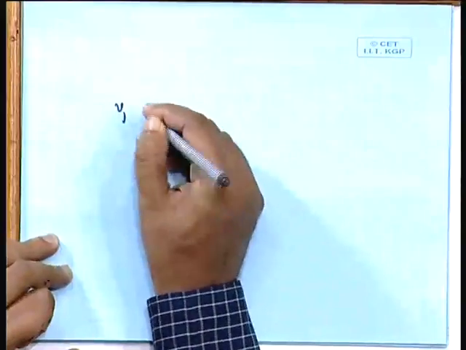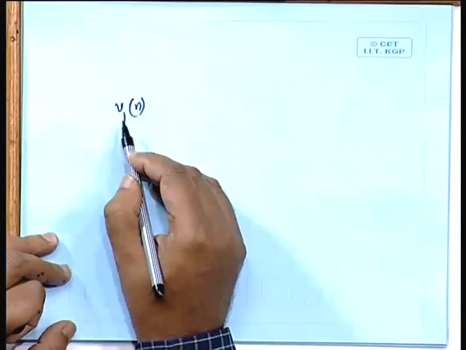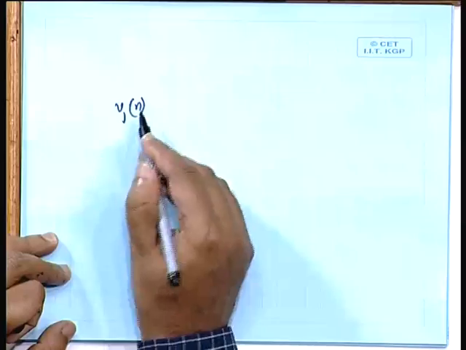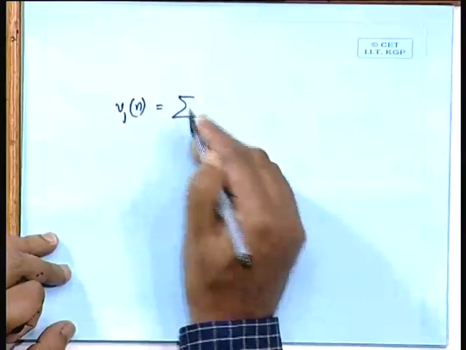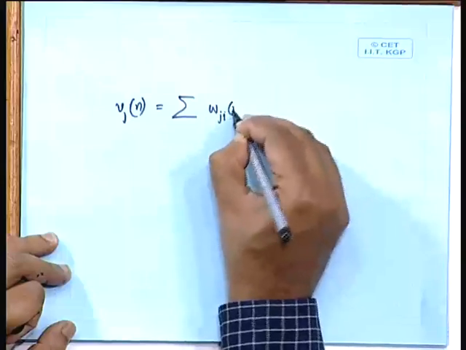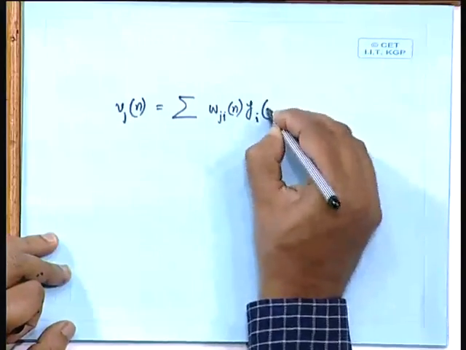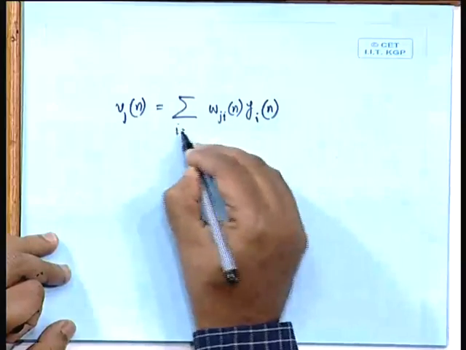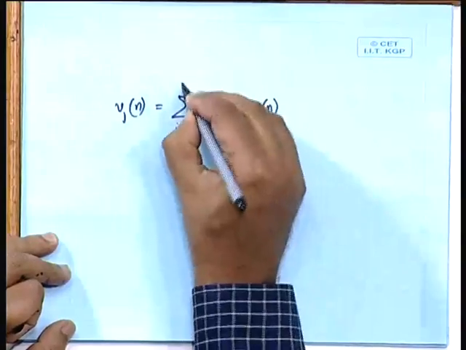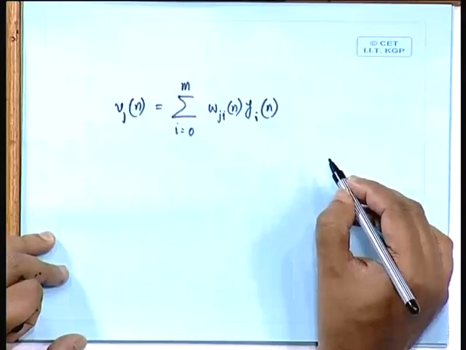In other words, what I can simply say is that the total output for the jth neuron, if I take the Vj at the nth iteration, should be equal to the summation of Wji at n times Yi of n, added up for i equal to 0 to m, where m is the dimensionality.